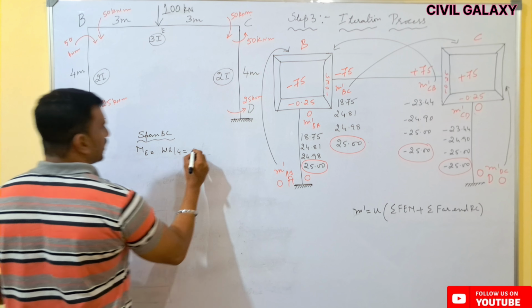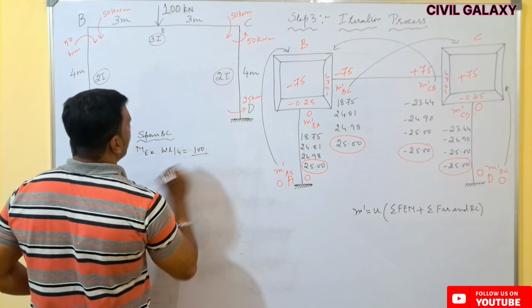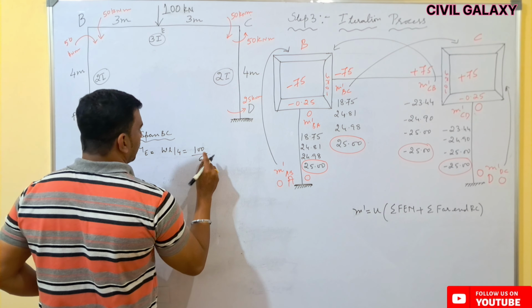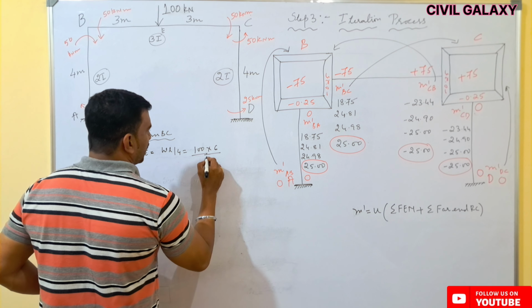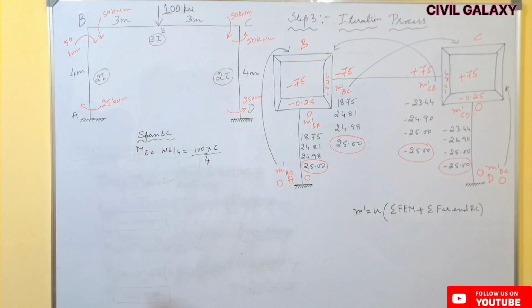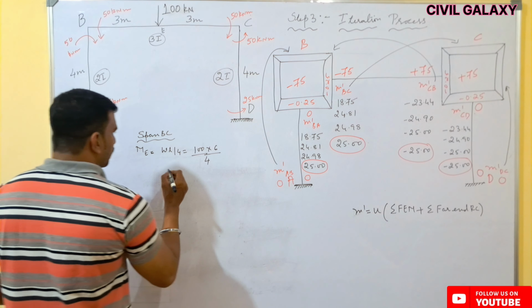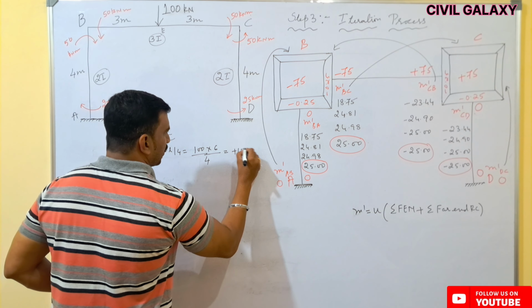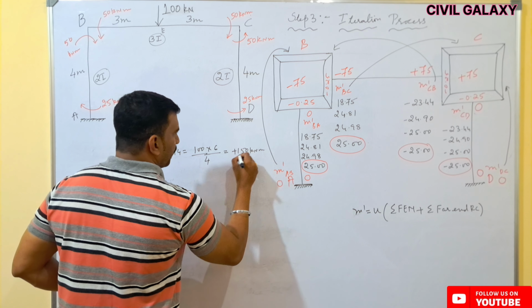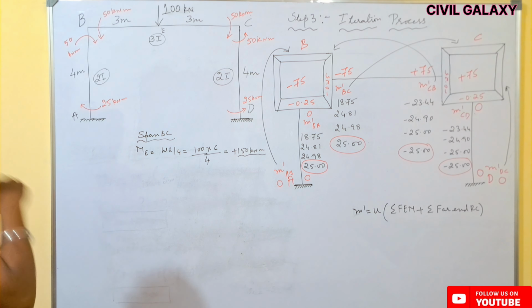So W here is 100 and the total length is 6, so 100 into 6 by 4. The value will be equal to plus 150 kilonewton meters.